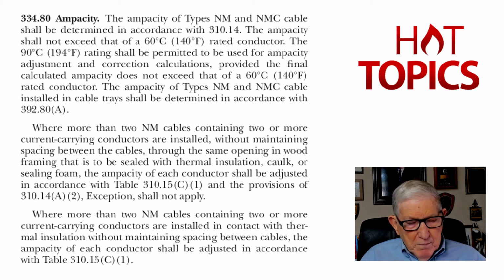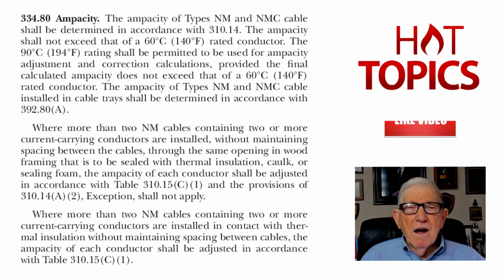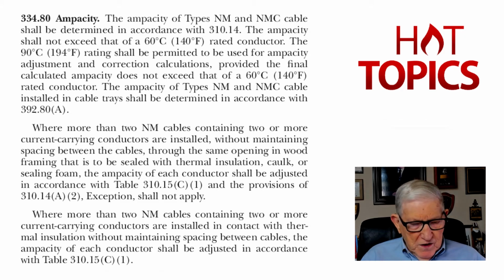But notice the ampacity of the types NM and NMC cable shall be determined in accordance with 310.14. The ampacity shall not exceed that of 60 degrees C. That's the section that says cables, and when you search it out, AC cable, MC cable, all cables except service entrance cable are 60 degrees C, as you see there.